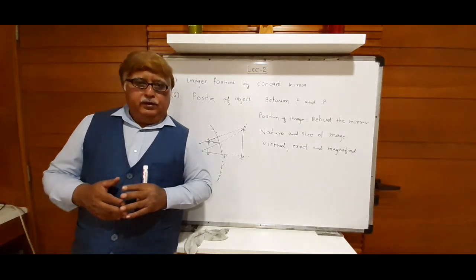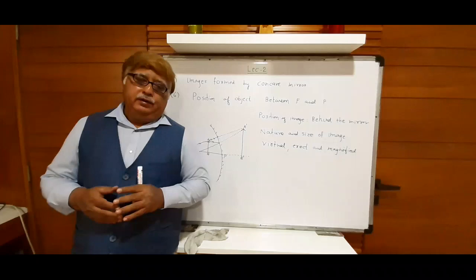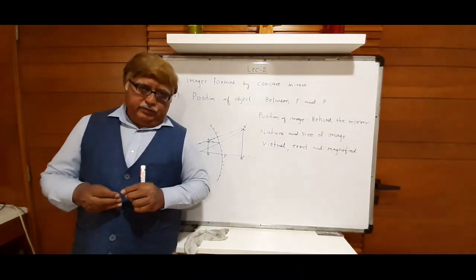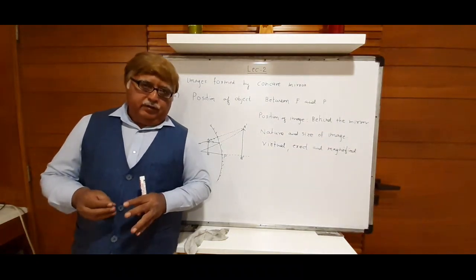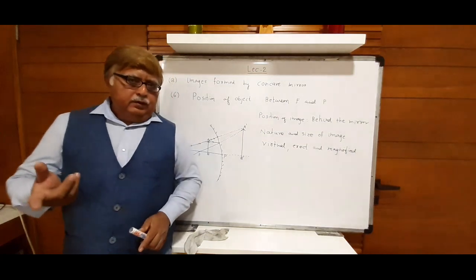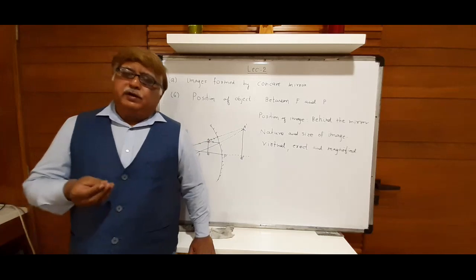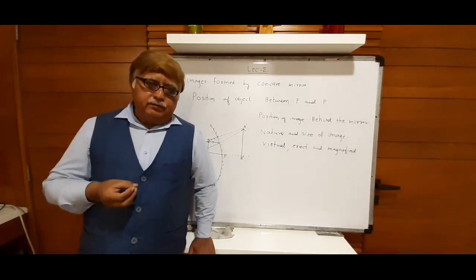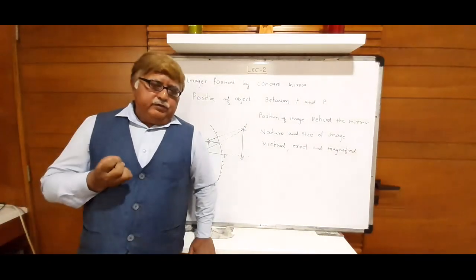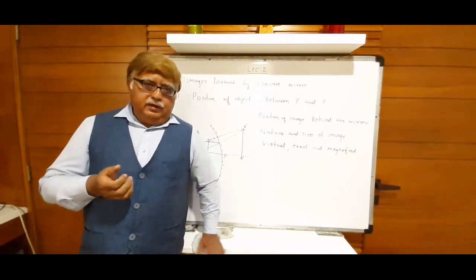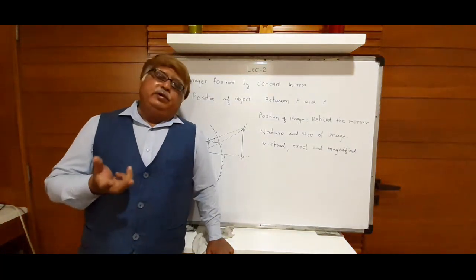Virtual, erect and magnified. So 6 types of images are formed by a concave mirror. Just now, for diagram number 5, I told you at that time, please see that this diagram has practical applications.